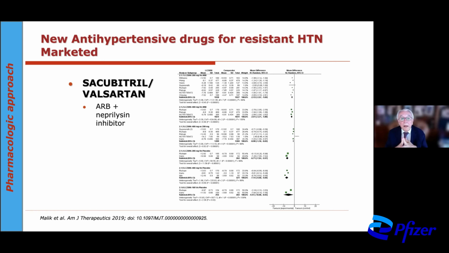The neprilysin inhibitor increases the reduction in blood pressure. This is against placebo. When you give it compared to other treatment with more dose of ARBs, there is an additional effect. Then you need to consider, if the patients have stage 2, 3 heart failure, sacubitril valsartan as an additional drug in order to treat.